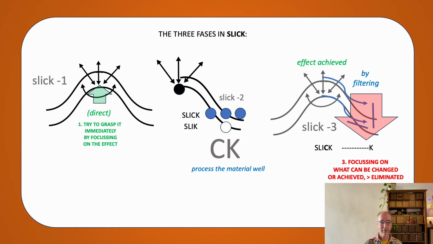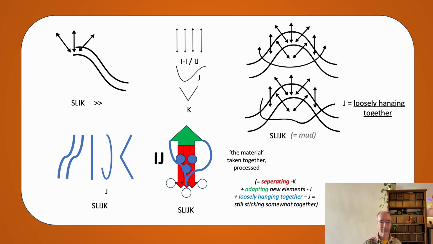It is a processing of the material before it can be successful in time. That's our focus, or what we need to do in it. It has to be cleaned first before we can have a clean thing. And this filter is something that we still have to do. That's the elimination process in the end. These three parts are also there in SLIK.